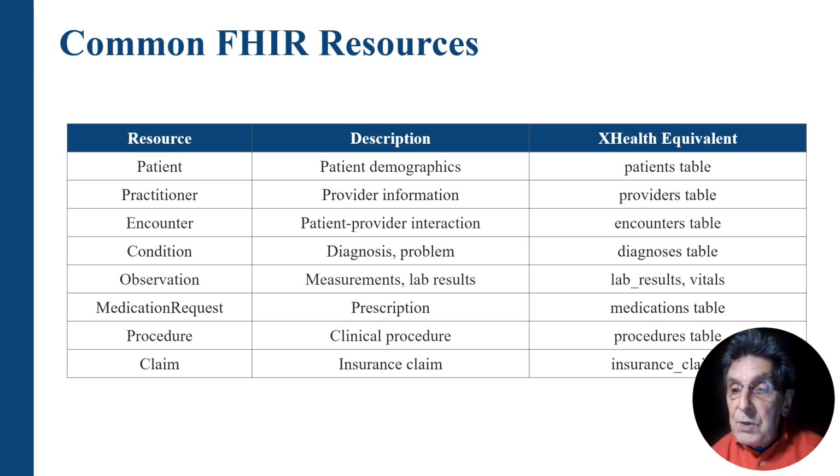Next, medication request maps to medications. It represents a prescription. What medication, what dose, what frequency, who prescribed it. Then procedure maps to our procedures table. It represents a clinical procedure that was performed with the associated CPT code.